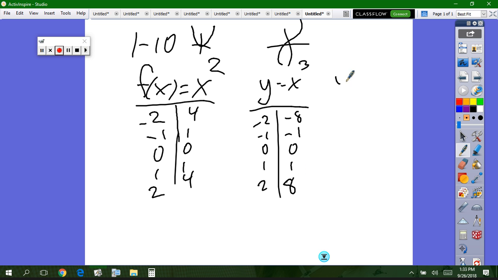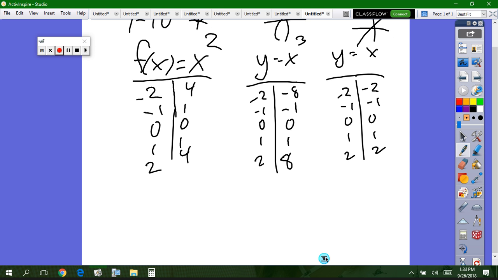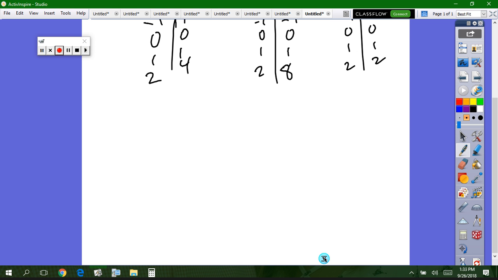How about, have you guys ever studied linears? What can we plug in for it? Still the same things, right? Okay. Anybody else? How about an absolute value graph?